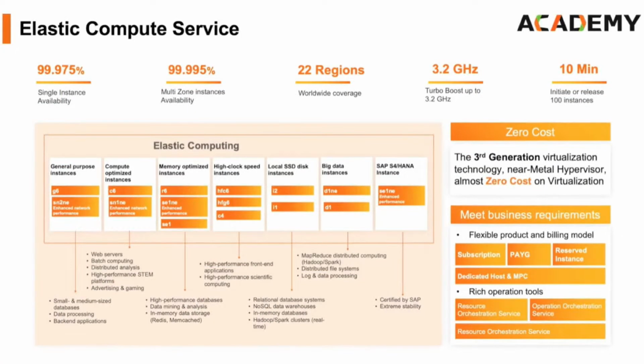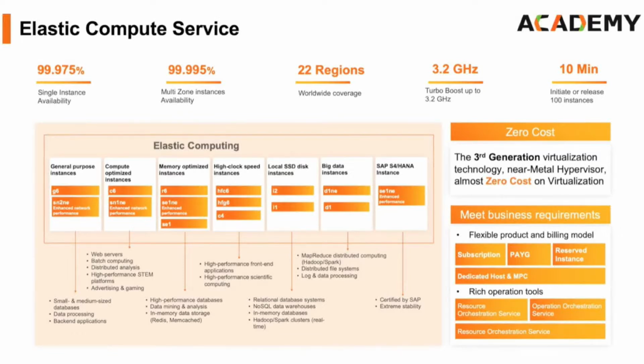Elastic Compute Service as a product has a single instance availability of 99.975%, and for multi-zone instances, like if it is created in multiple zones, the availability increases to 99.995%. Today it is in more than 24 regions.